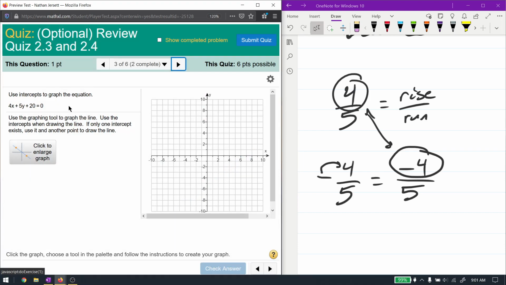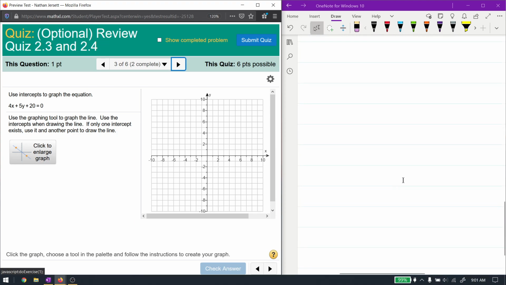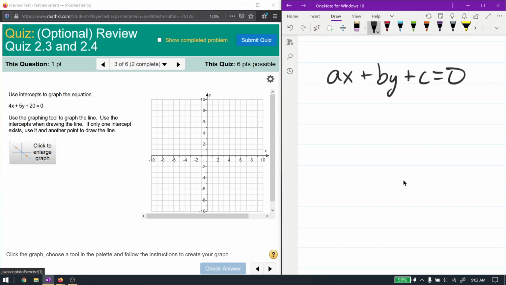Okay, very similar. We're going to use the intercepts to graph the equation. Now, this equation is in, I believe it's called standard form of a line. There's really nothing standard about it. It's probably the worst way to have a line. y equals mx plus b is the best way because it's much easier to work with.